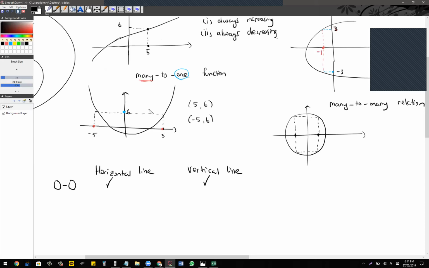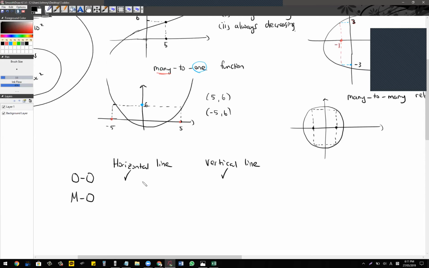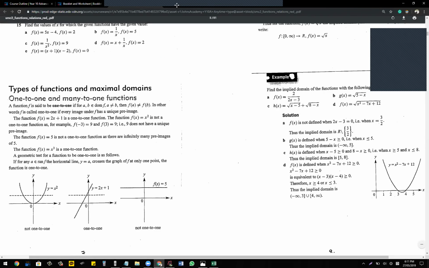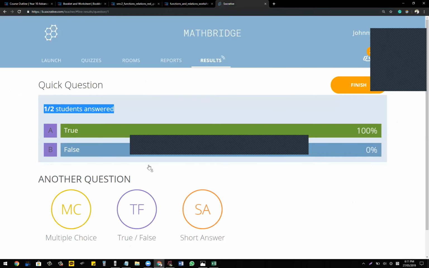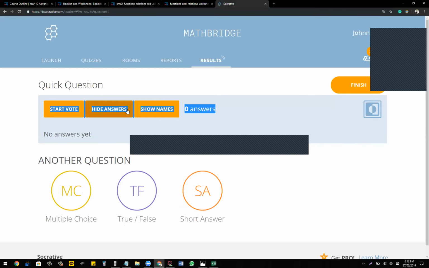Now, what about a many-to-one function? Does that satisfy? Let's actually try this on Socrative. I'm going to give a short answer, so you can type your answer in any form you like.